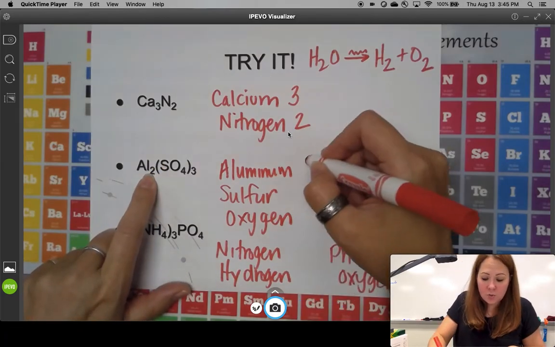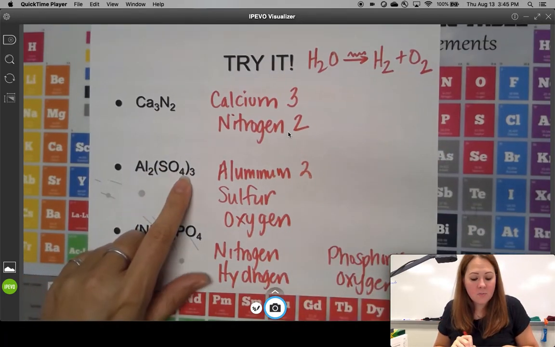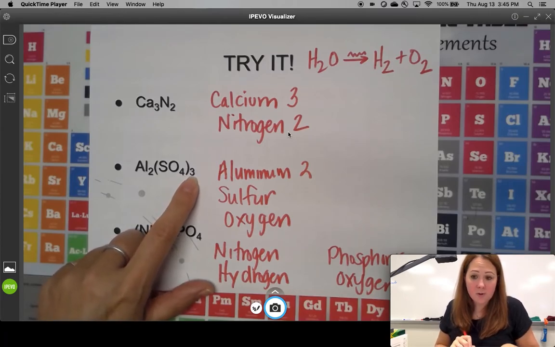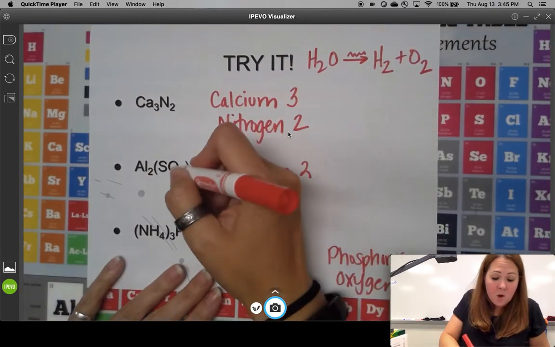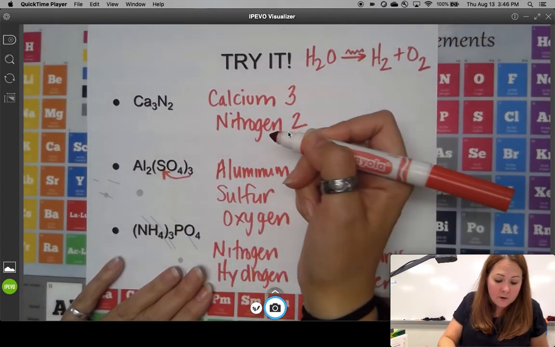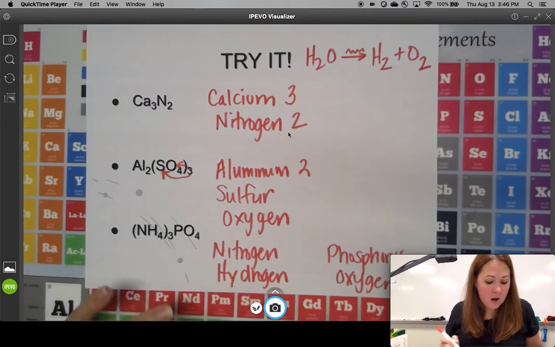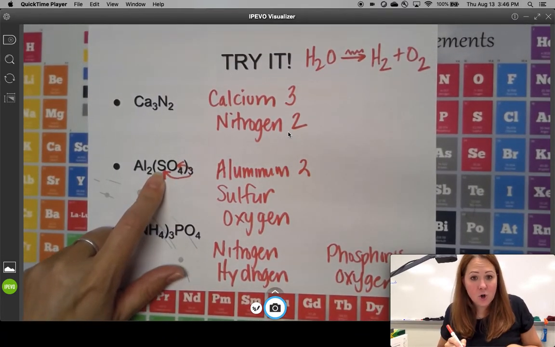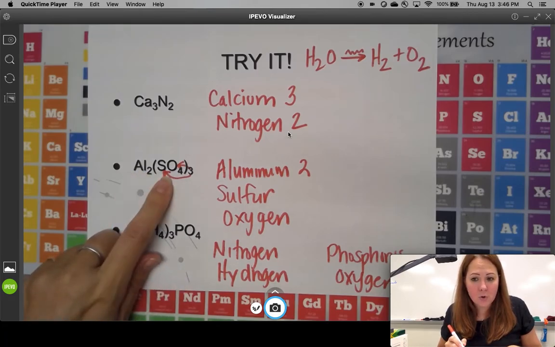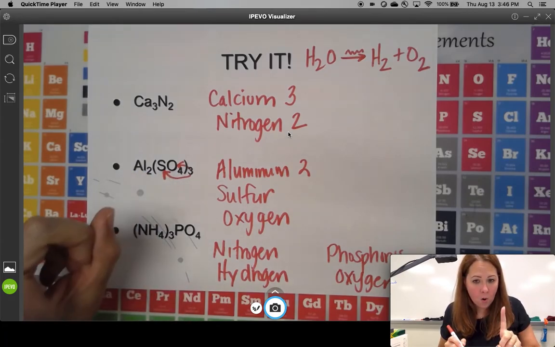So that's 2 aluminum. Now with my parentheses, this 3 works like the distributive property in your math classes, where the 3 is going to go to your sulfur. It's also going to go to your oxygen. So right here I have S, and there's no number after it. When there's no number after it, it means the number 1.